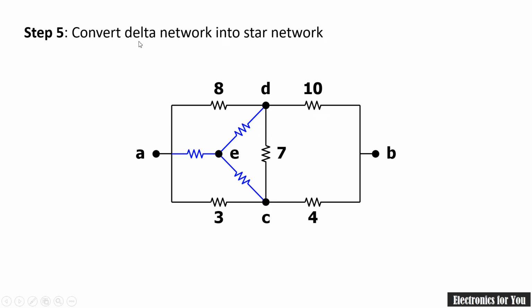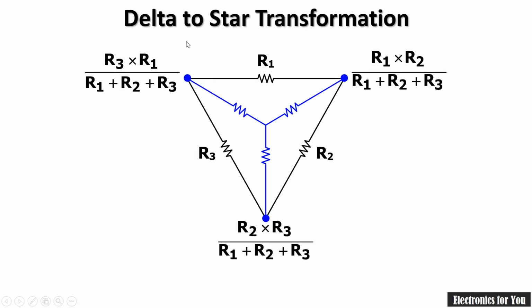Now as we are converting the delta into a star network, here we should use these formulas. Now for delta to star transformation, the formulas are like this. Now this delta network is converted into this star network. How is this converted? By using the formula here, look at this. For this node, I am converting this delta into this star network, and this resistance has this formula, where this node is directly connected to R1 and R3 here.